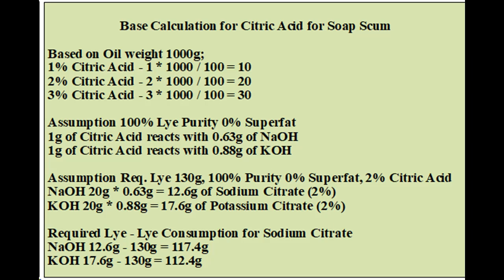So you do 12.6 plus 130, and that's 142.6 grams of lye. That brings it back to equilibrium, and then you do the same for the potassium hydroxide. You do 130 plus 17.6, and that gives you the required figure. So when you add the citric acid to your lye water, again it brings it back to equilibrium at 0%. I just thought I'd cover that quickly before we continue on.